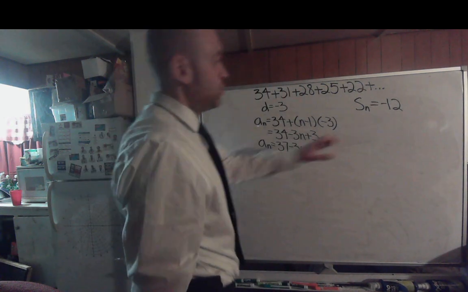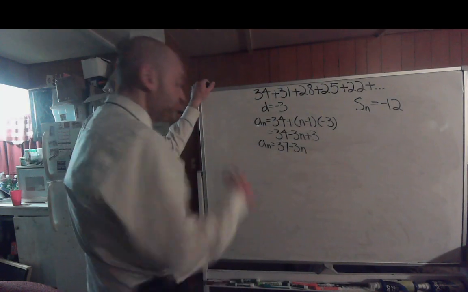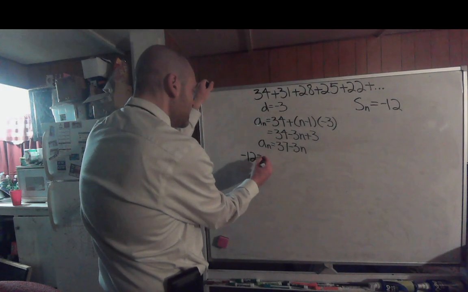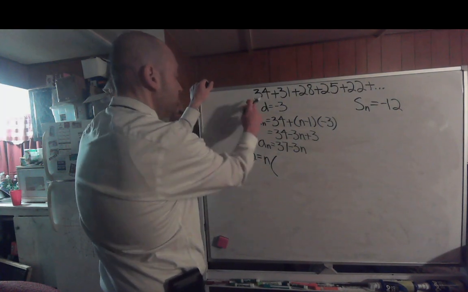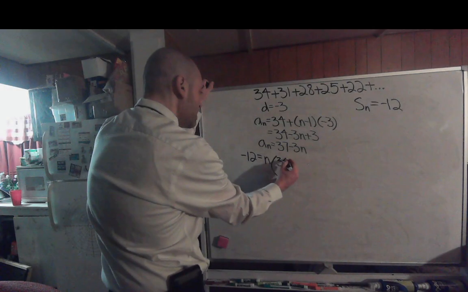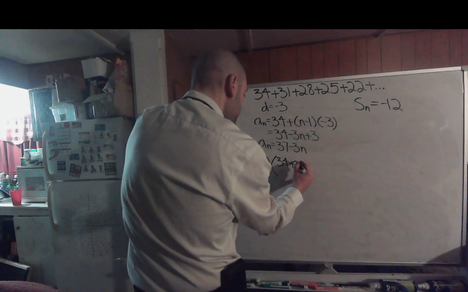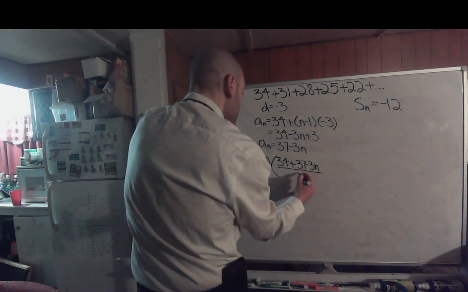So the sum to what term would equal negative 12? Okay, so we'll put in negative 12 for our sum. That's going to equal n, because we don't know that, times the quantity of a sub 1, which is 34, plus a sub n, which is going to be 37 minus 3n, divided by 2.